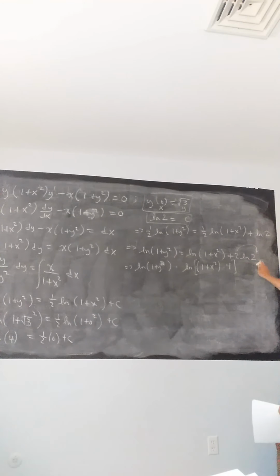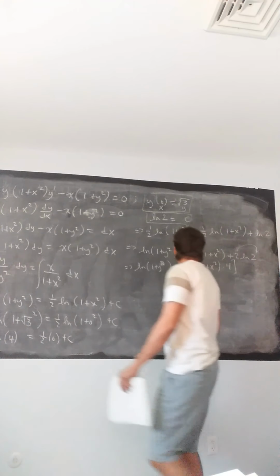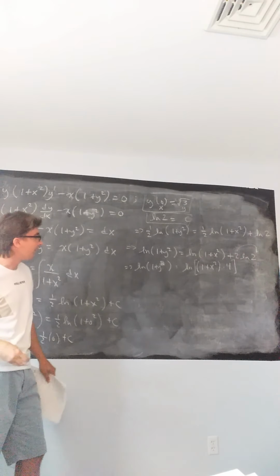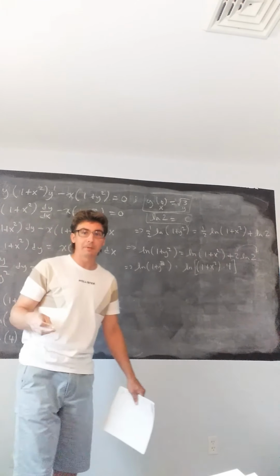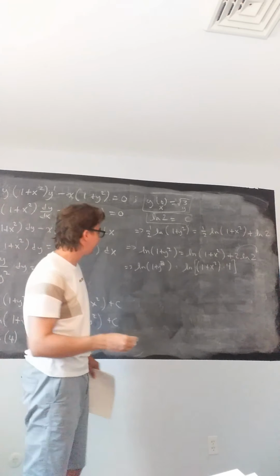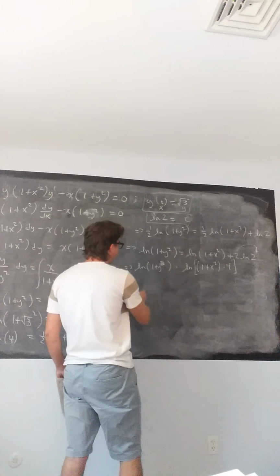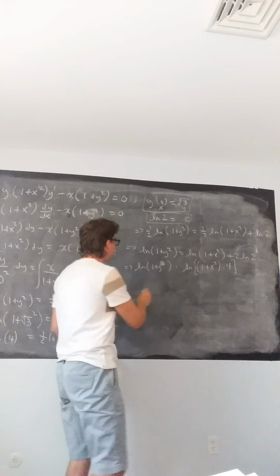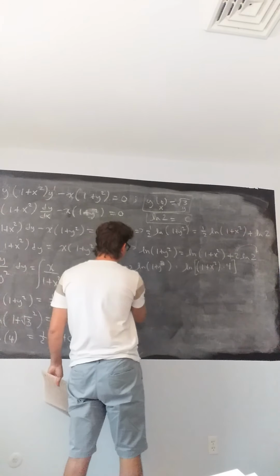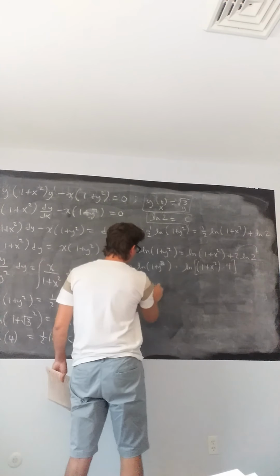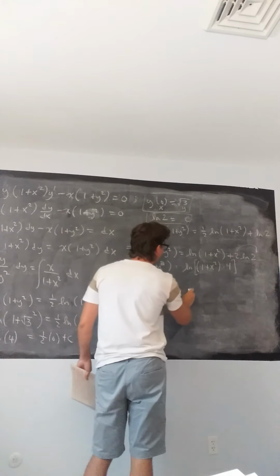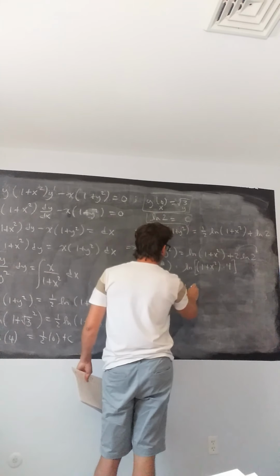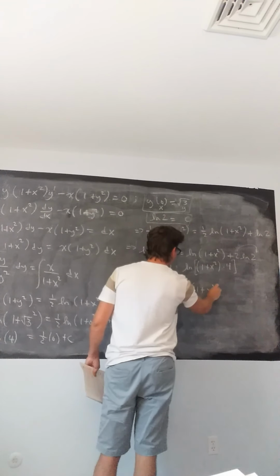You see that? And then we can get rid of the ln's essentially because there was that property for solving equations that said if you have the ln of something equals the ln of something, you just set the guts equal. So what we have here, essentially, guys, is that 1 plus y squared equals 4 times 1 plus x squared.